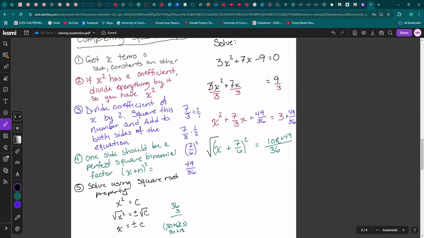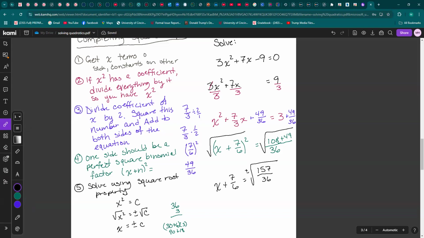I'm going to square root and square root, and I have x plus 7 over 6 equals 157, sorry. Never trust when I'm doing things in my head. 157 over 36, square root, plus or minus.